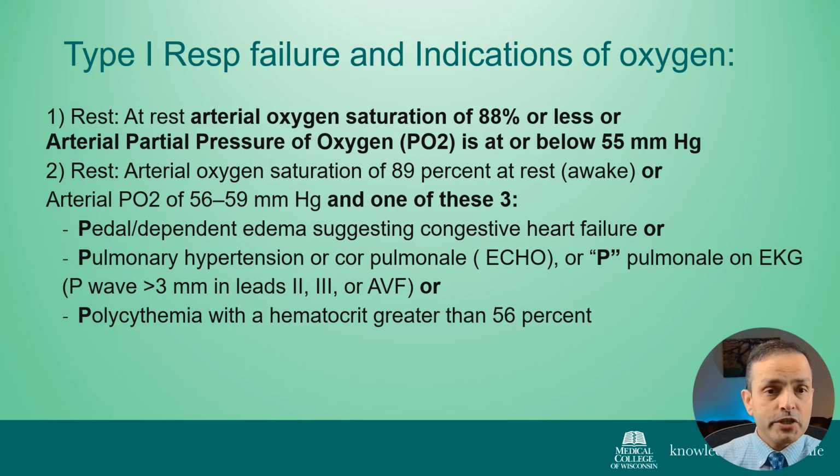If you have features of chronic hypoxemia, that magic number with the pulse ox is no longer 88. It goes a little bit higher, to 90, and that 90 of pulse ox corresponds with 60 of ABG oxygen, PaO2 of 60.